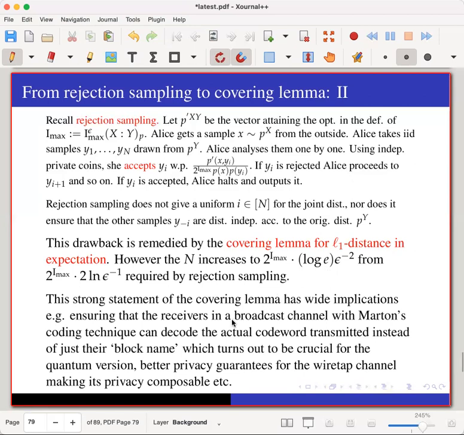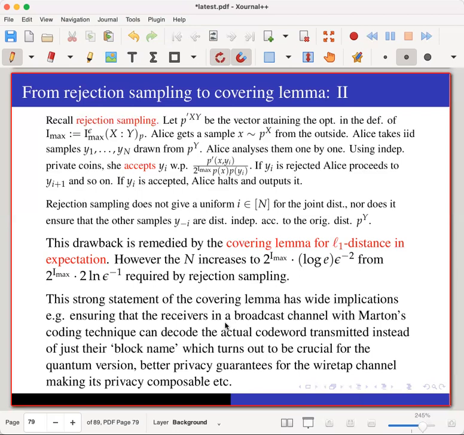This strong statement of the covering lemma has wide implications, as I said. One implication is, for example, if you go back to the broadcast channel with Marton's coding technique. If you look at the proof in El Gamal's scheme, no claim is made that the receivers can decode the actual codeword that was transmitted, instead of just the block name. For Marton's purpose, the block name is good enough, but suppose you want to decode the actual codeword.